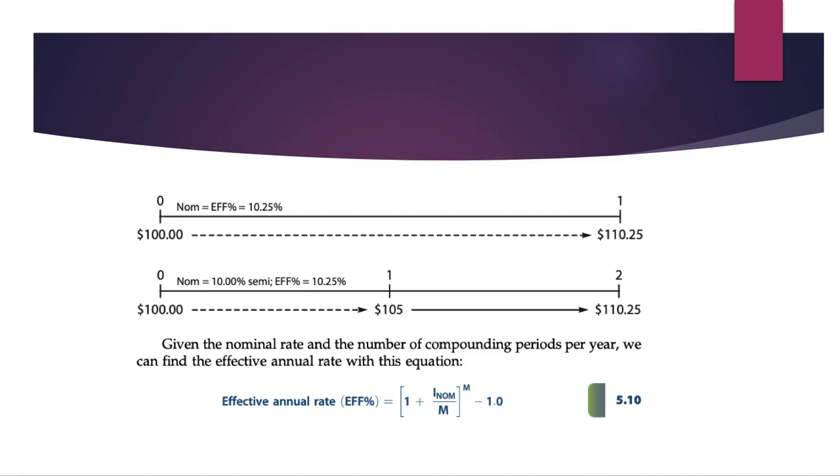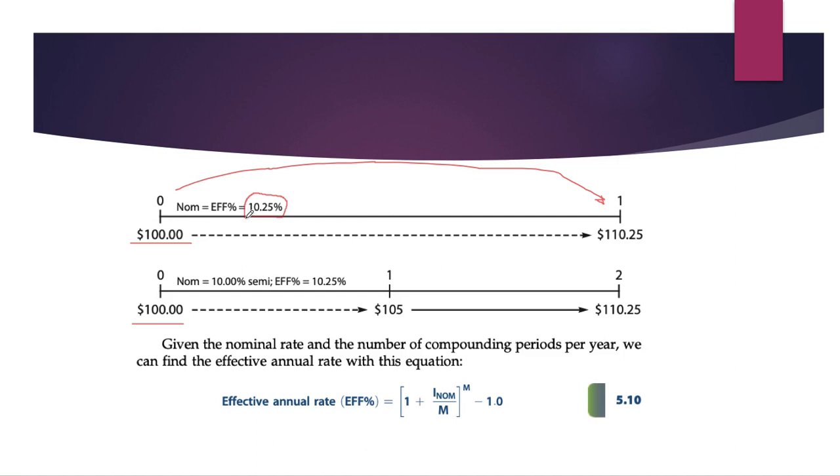And here is the demonstration with a diagram. Basically, in both cases, first of all, we invest $100. The first case is the direct annual rate. So if we have just invested $100 and we are going to wait for 1 year, then that's going to be 10.25% given.